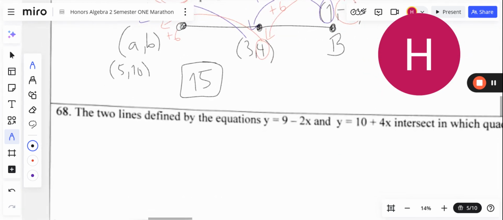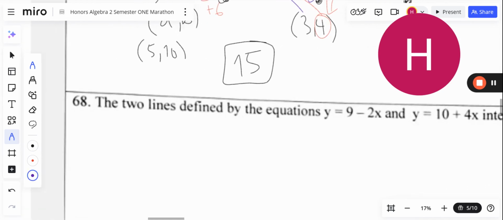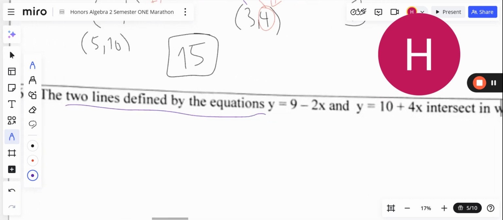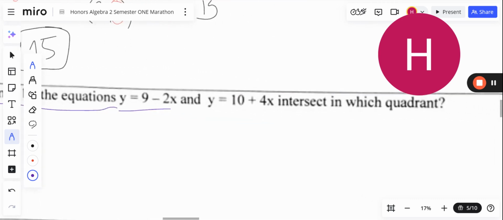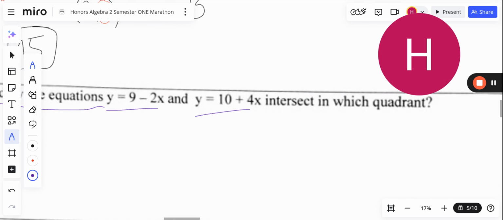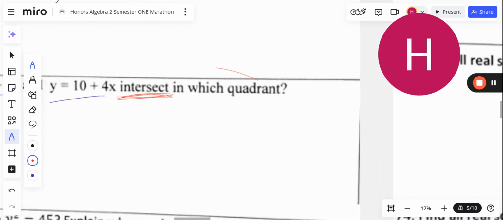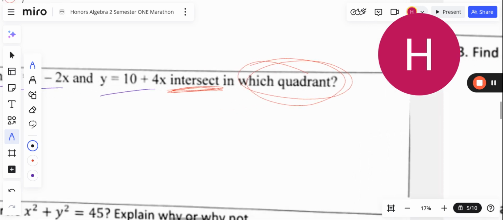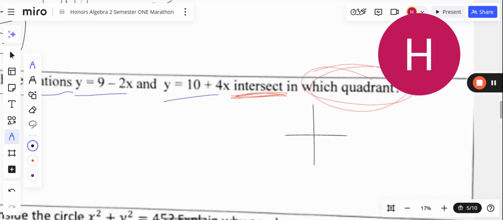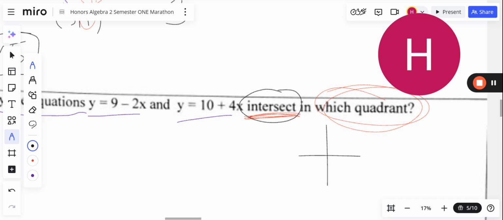Okay, let's talk about this. We have not brought this up about lines before. Two lines defined by the equations y equals 9 minus 2x and y equals 10 plus 4x are intersecting, and we want to figure out which quadrant. So which one of the squares, which one of the corners? Well, how do we figure out where they even do this? If they intersect, this means same location. This means same x and y.